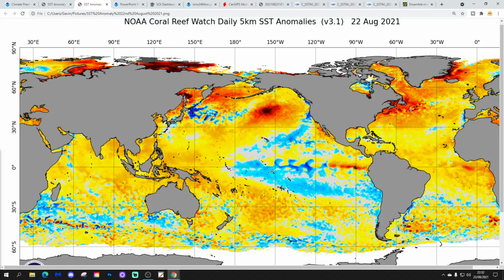It is redeveloping, and it will continue to do so over the next few weeks and the next 2 or 3 months. So I reckon we're going to go back into a weak La Nina signature. But it is possible that if this warm sea surface temperature anomaly area takes off, I think it's too late to go to an El Nino, but we might go to ENSO neutral, which might put a stop on La Nina fully getting going.